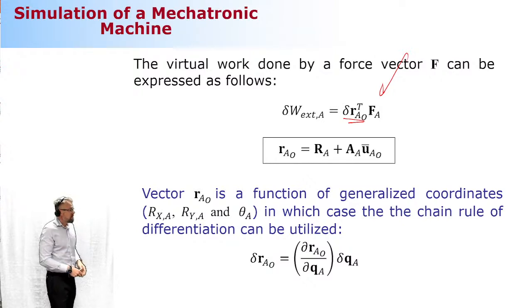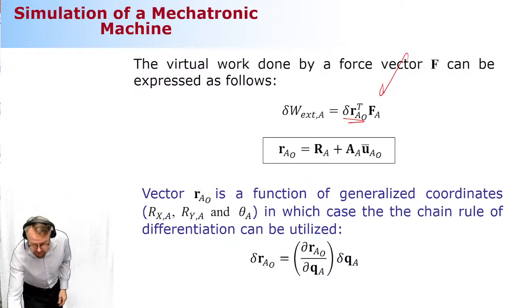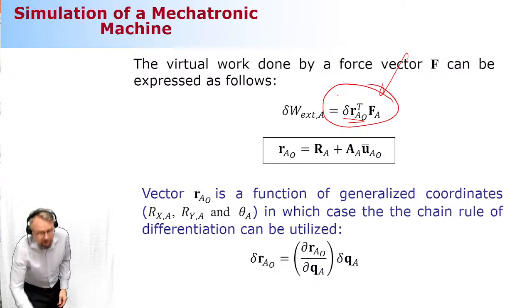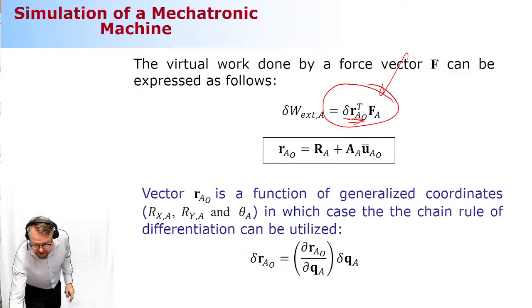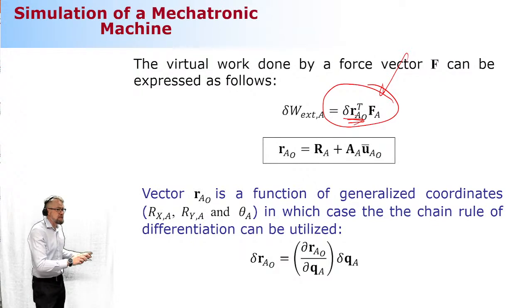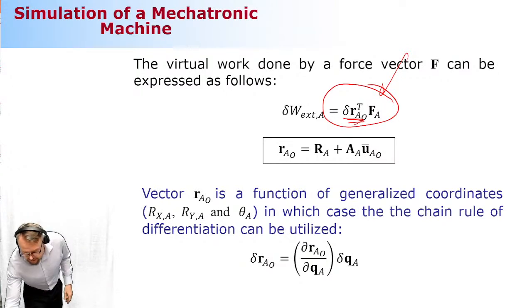You see that already happening, because here this delta R is already expressed, the force is expressed using global coordinates, as is displacement. So we're going to switch the displacement to be expressed using generalized coordinates, using this relation.